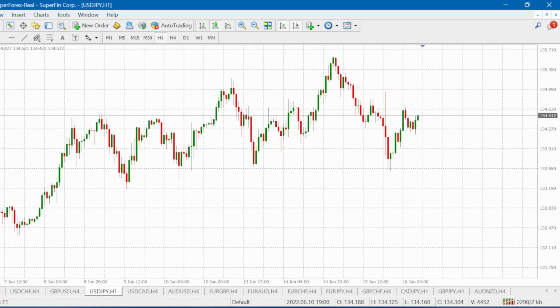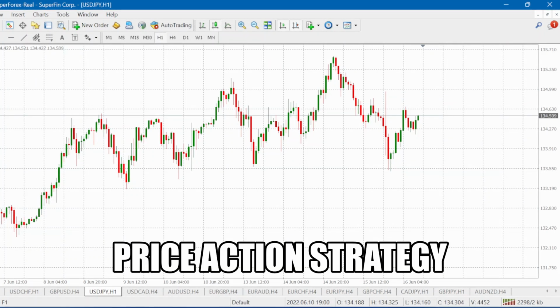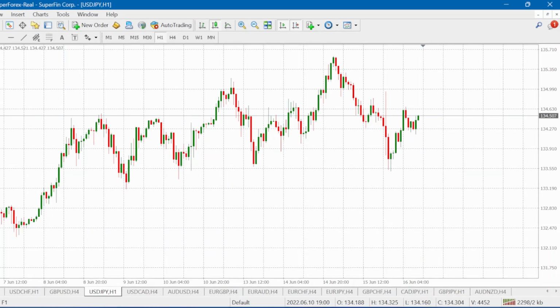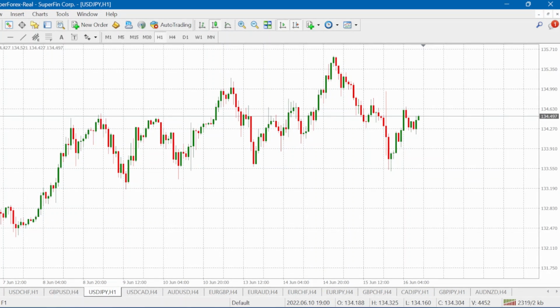Today we shall be looking at USD JPY on the 1 hour time frame. And we shall be talking about price action. And today we won't be using any indicators. Basically, price action is what you see on the chart with no indicators. It's basically trading based on the action of price.